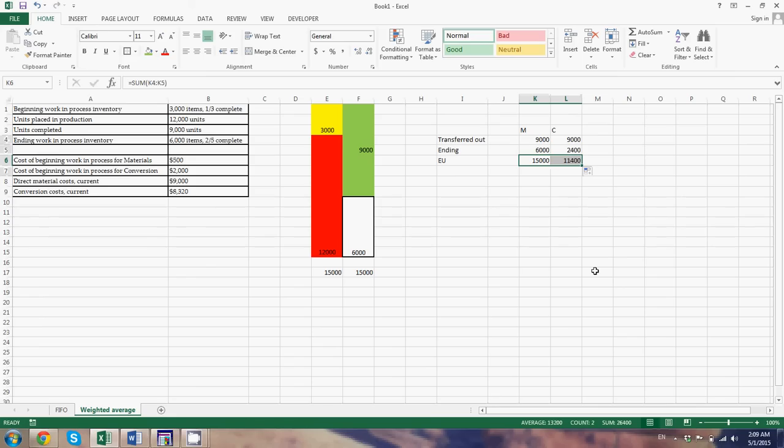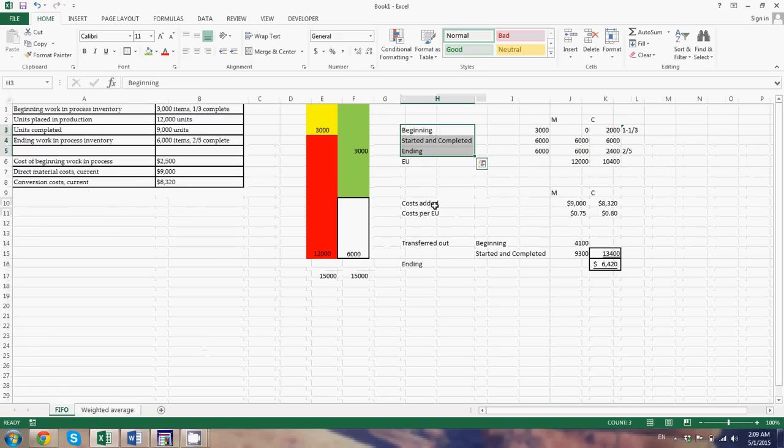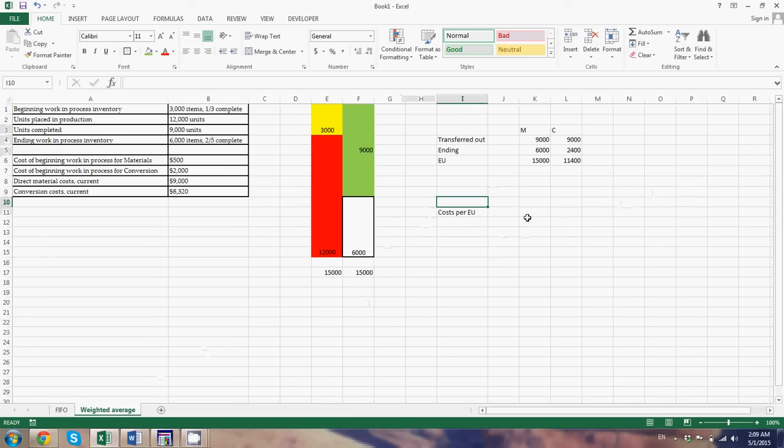Then we get the cost per EU. Remember, for the FIFO method we just need to worry about the cost added during this month, 9,083,120. But for the weighted average method, we need to include the whole thing.